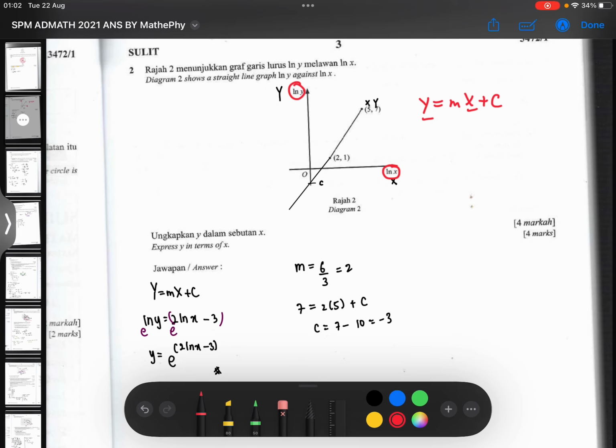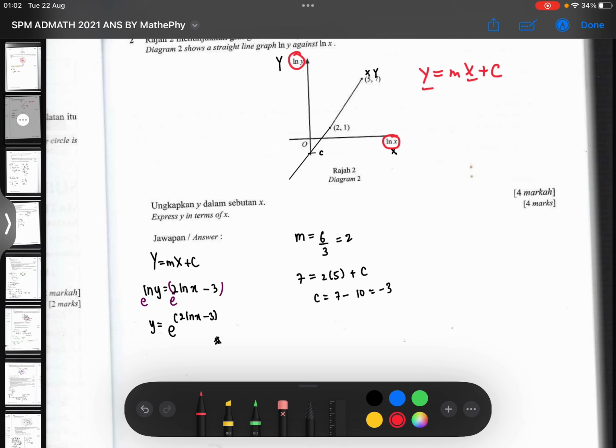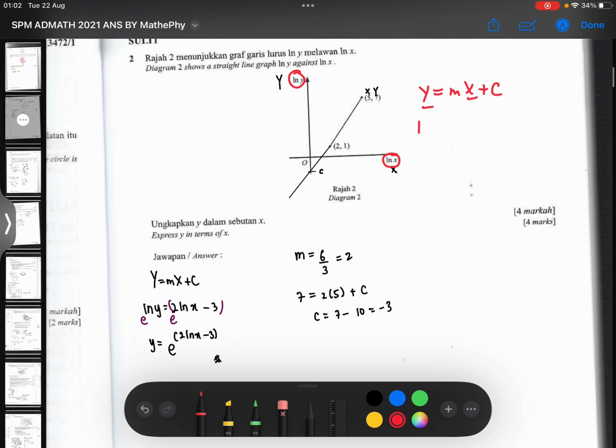So you know that the equation is ln y equals m ln x plus c, and the gradient is from this graph of ln y against ln x. You cannot, for example, take the coordinate 1 and substitute x equals 2, like this: y equals 1 and m ln 2.